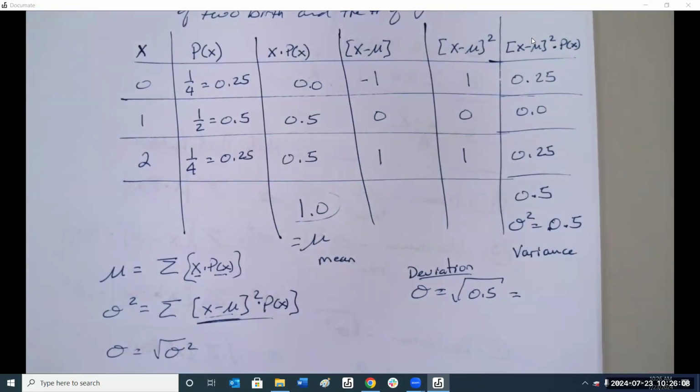I mean, it's all step by step by step. It's the way you read how to do the formulas. That's how you build your columns. So what is the square root of 0.5?